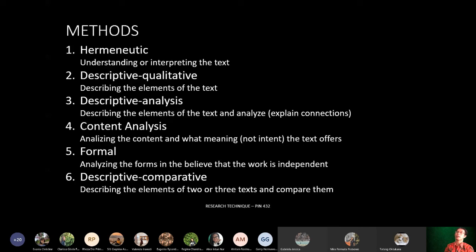And finally, you can describe the elements of a literary work and compare them to those of another work, or the adaptation of the same work in a different form, whether it be a movie or a song and so on. So these are the 6 methods you can try to apply later on.